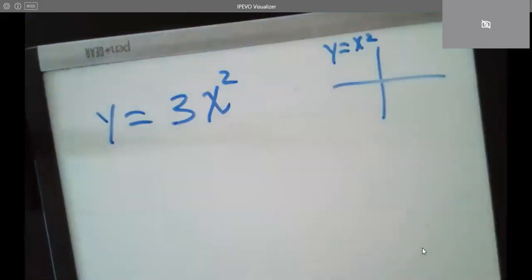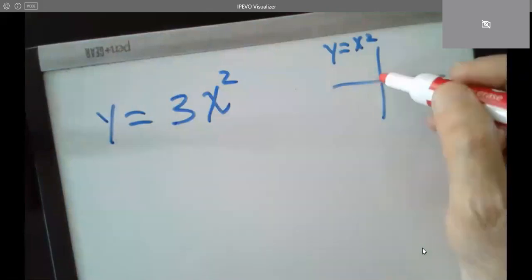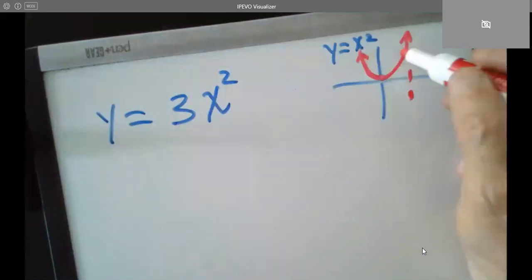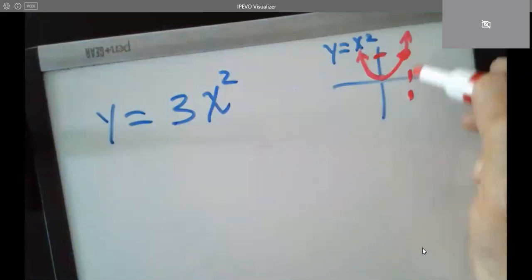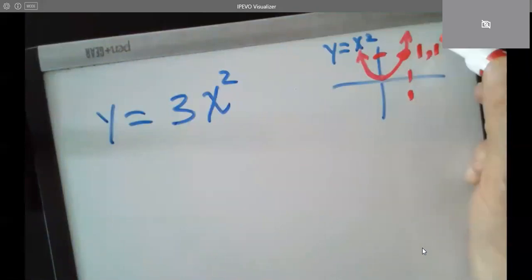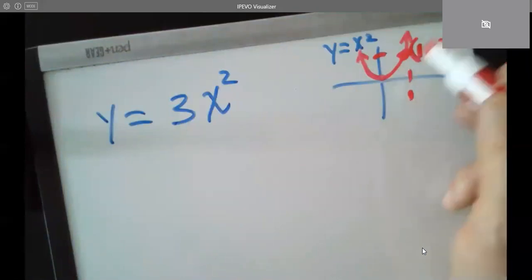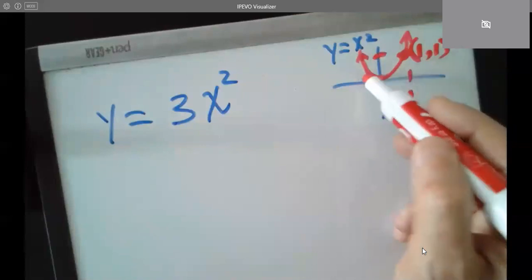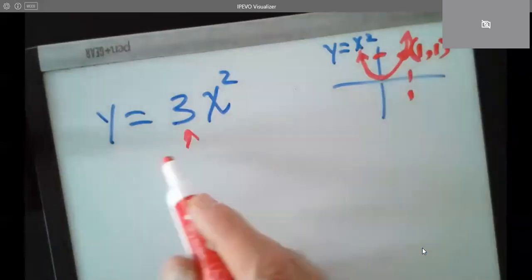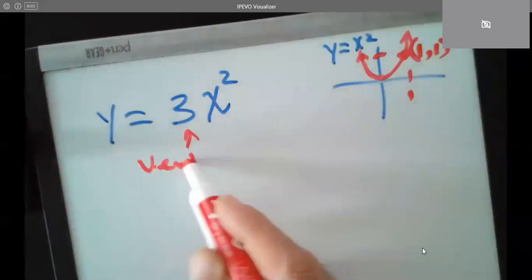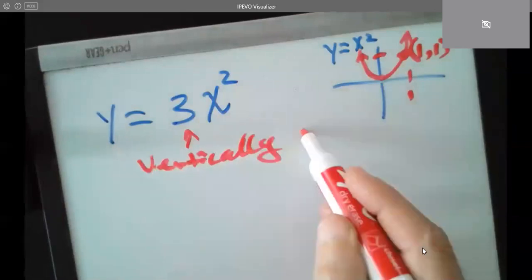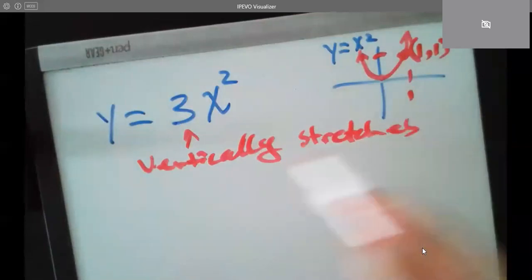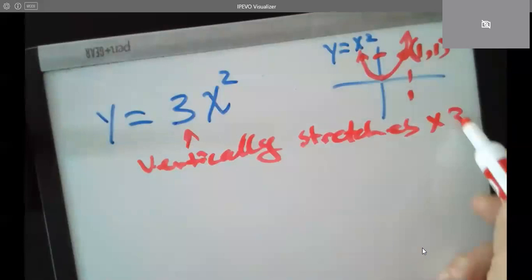If you look at the original graph, without the 3 in it, when x is 1, y is 1, and when x is -1, y is +1. But with the 3, it stretches vertically by a factor of 3.